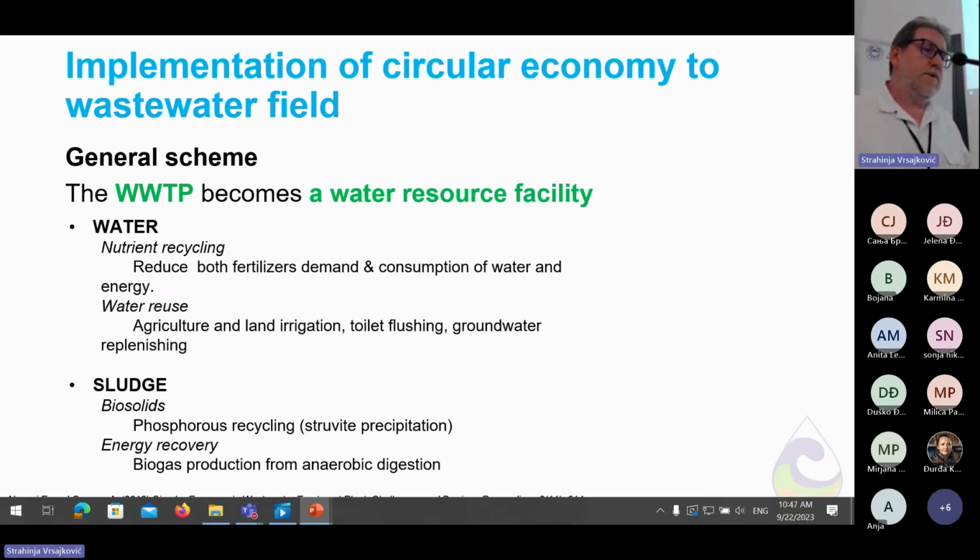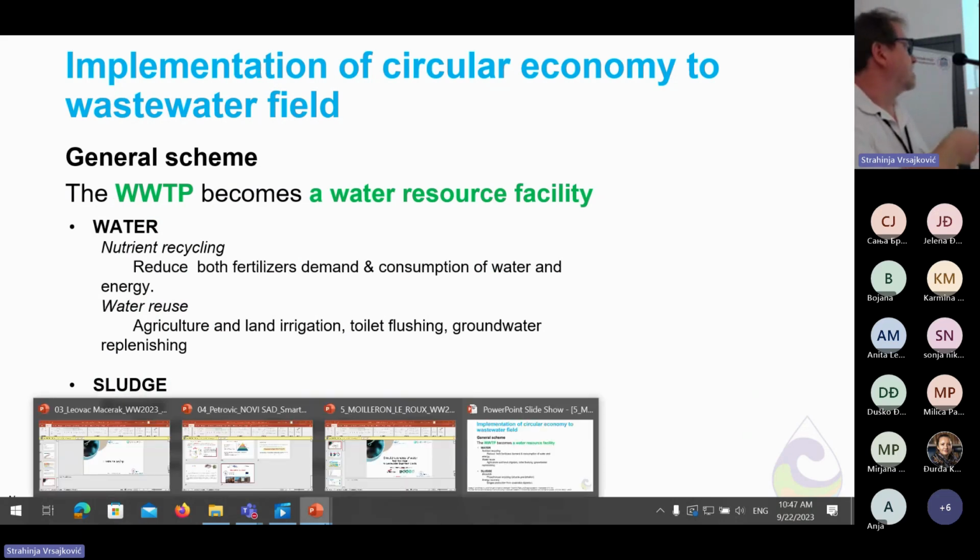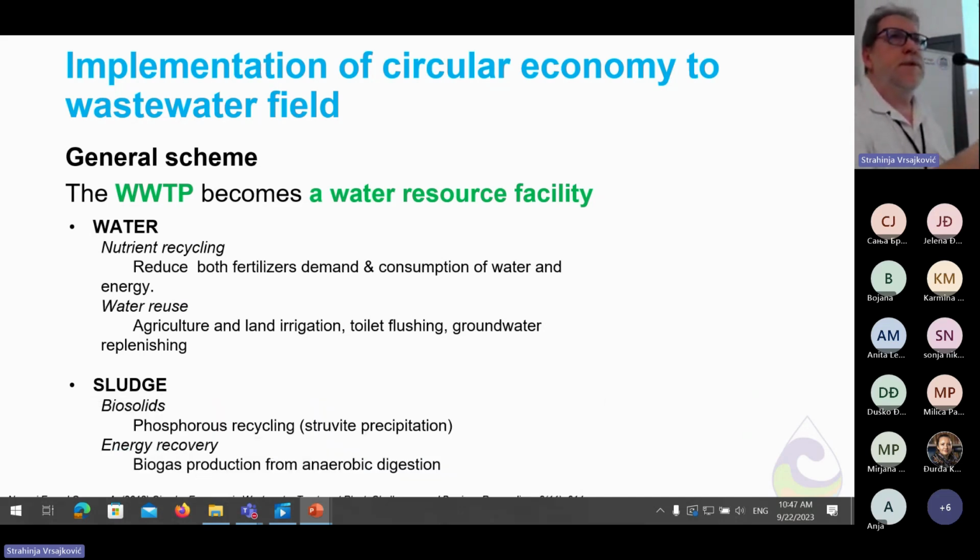This is because if we consider the water line, there could be some nutrient recycling. And this leads to a reduction of both fertilizer demand and consumption of water and energy for agriculture, for example. But there is also some possibility of water reuse that has already been presented for agriculture, land irrigation. But in the urban environment, it could be for toilet flushing and in the environment for groundwater recharge.